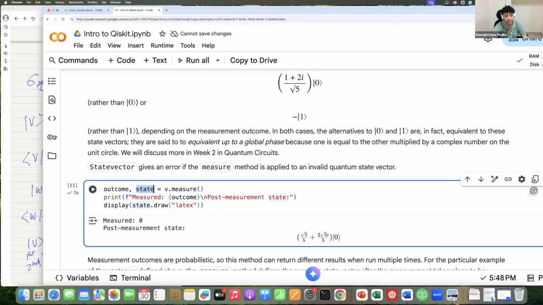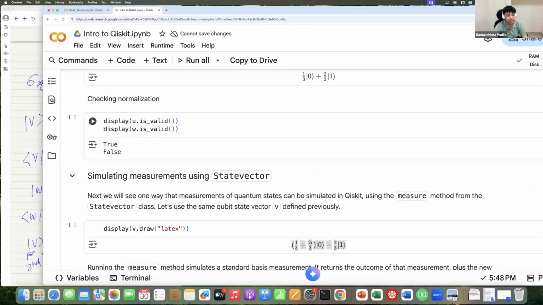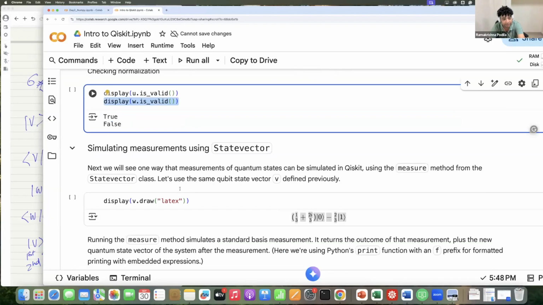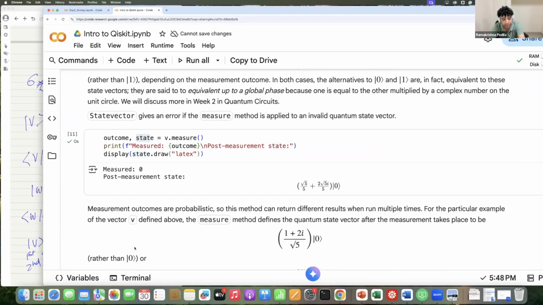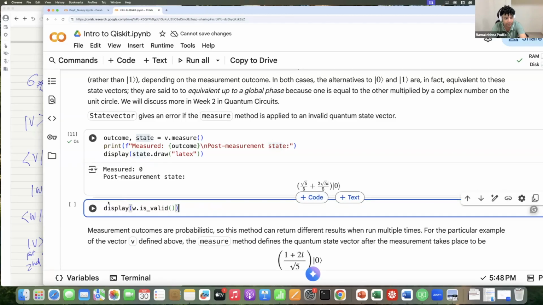So the variable state. So we can ask whether that is valid. So we can just simply copy that here. What do you think? Would it be valid or would it not be valid?